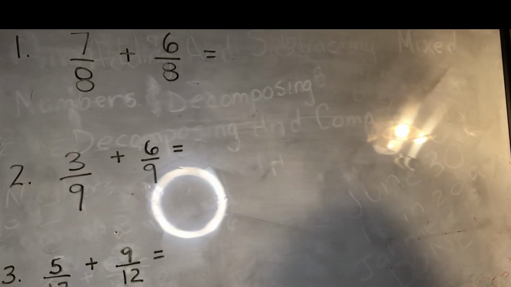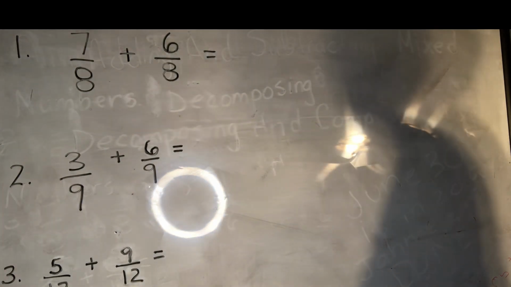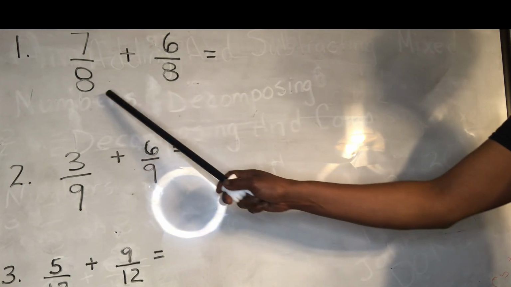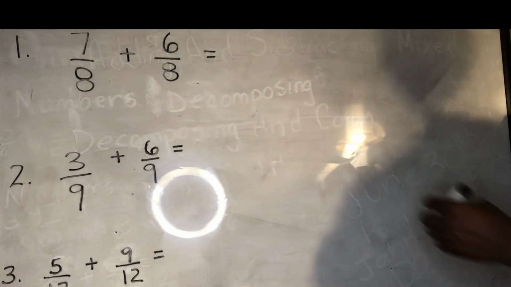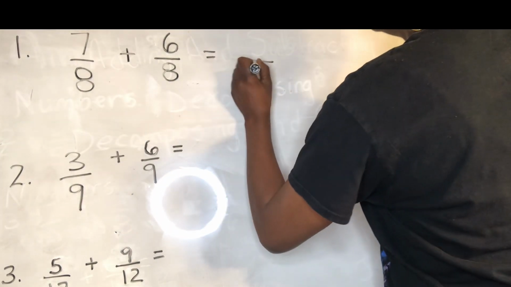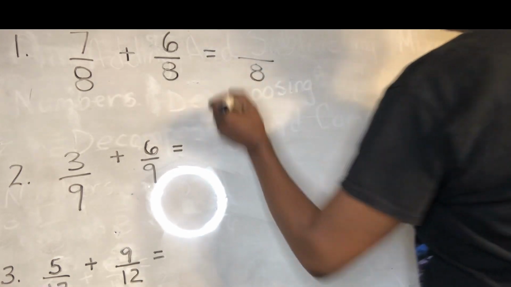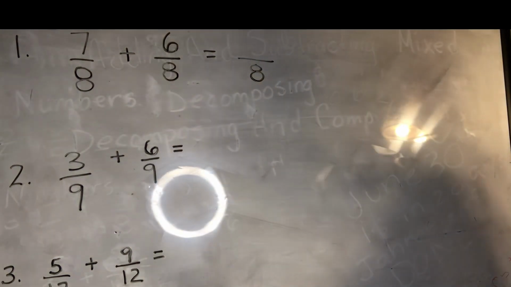So as we remember from our rules and what we've been working on, we already have like denominators. So with that being said, we should already know that our denominator is going to be 8. So I'm just going to go ahead and set up for my 8.